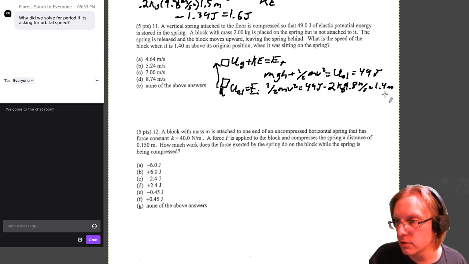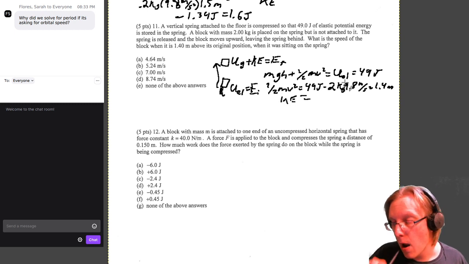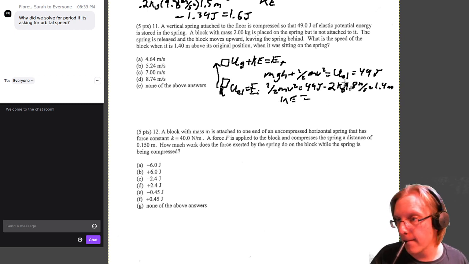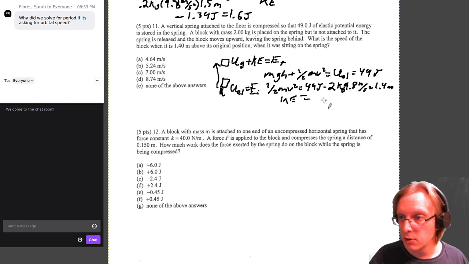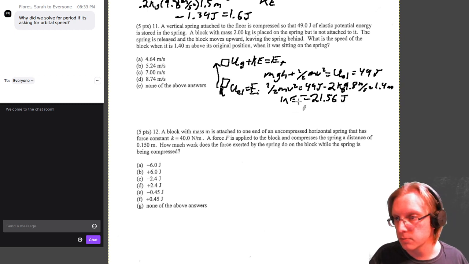So this kinetic energy, 49 minus 2 times 9.8 times 1.4, is, we have kinetic energy of 21.56 joules.